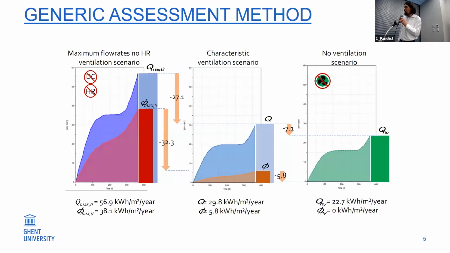To quantify this effect, we relied on simulations, and we defined a method of trying to capture this by looking at the predicted heating demand of the building in several scenarios. The baseline scenario is one where there's no ventilation. Then you have a certain heating demand that corresponds in essence to the infiltration and transmission heat loss to maintain thermal comfort in the building.